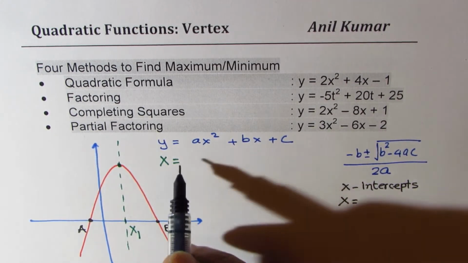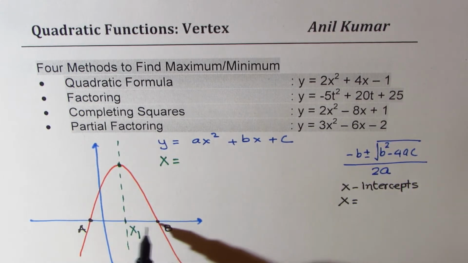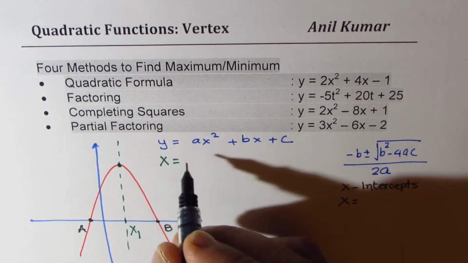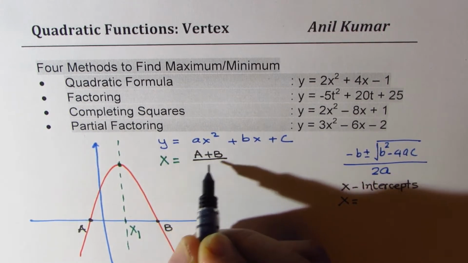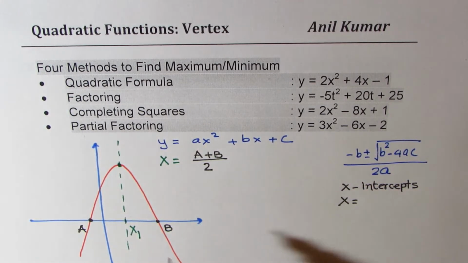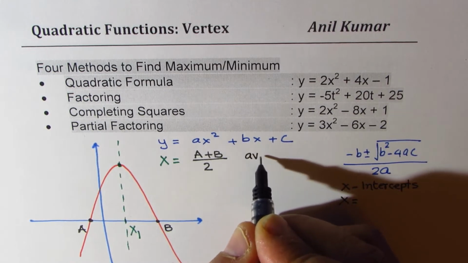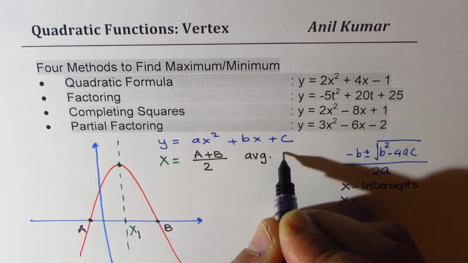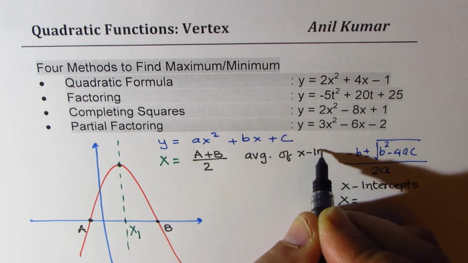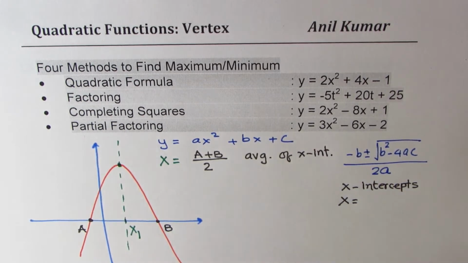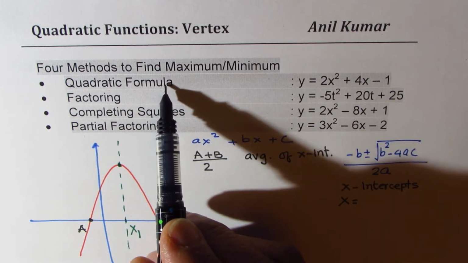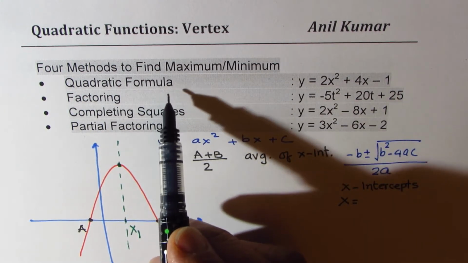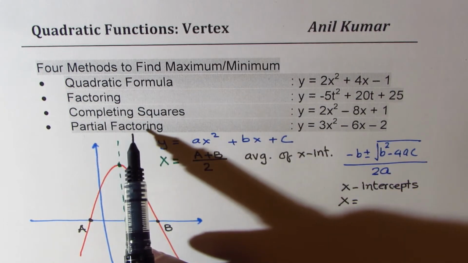This is one way: the vertex is midway between them. So one value of x could be (A plus B) divided by 2, which we say is the average value. These two values could be found using the quadratic formula or by factoring.